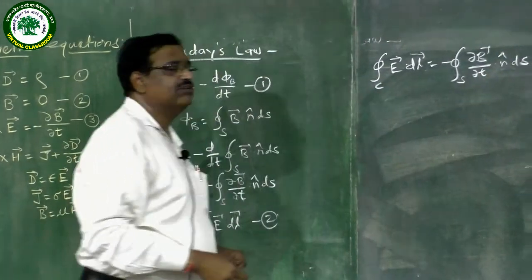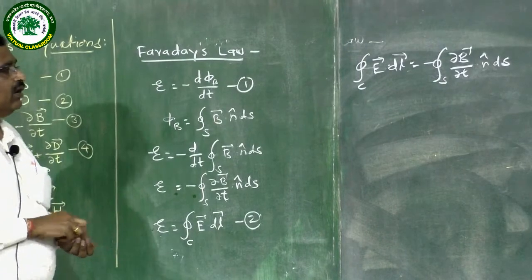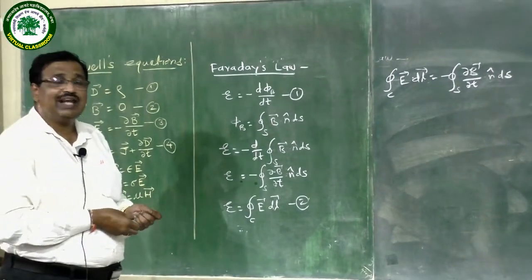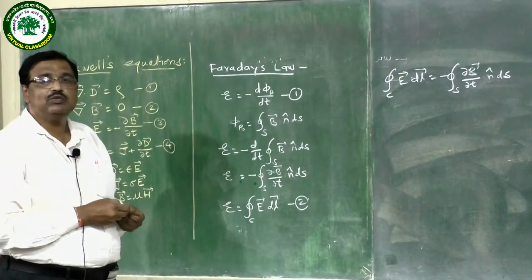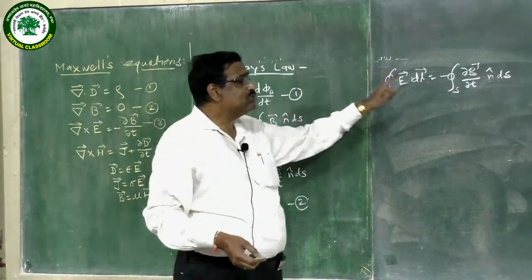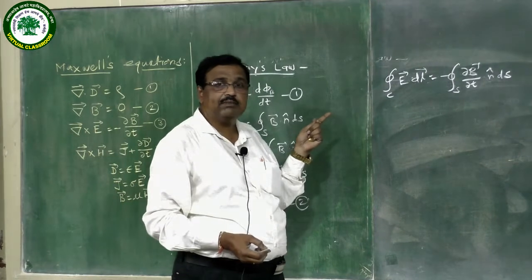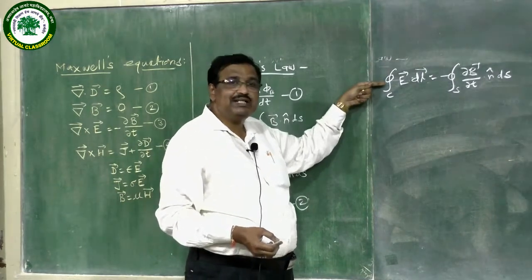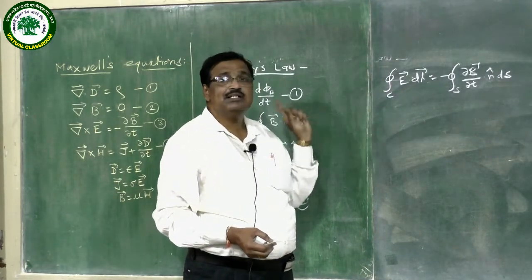Now on the LHS we have a line integral, while on the RHS we have a surface integral. This line integral is easily converted into a surface integral by using Stokes theorem.